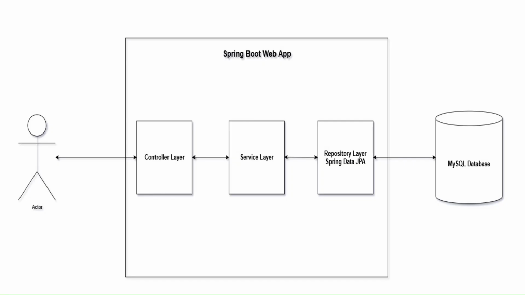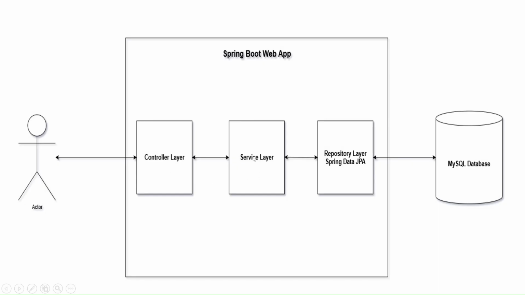So let's begin. What exactly are we going to build in this video? We already have a Spring Boot application, which we developed in our last series, and in that series we created two layers, the controller layer and the service layer, and over there we were using a dummy database, just for simplicity.